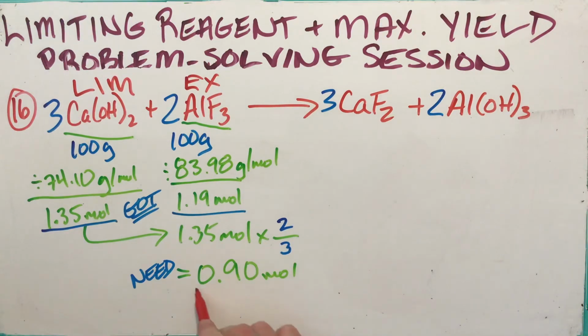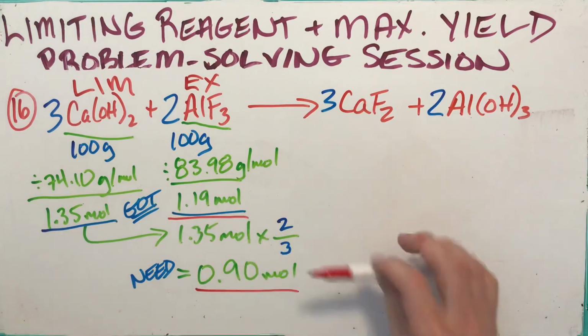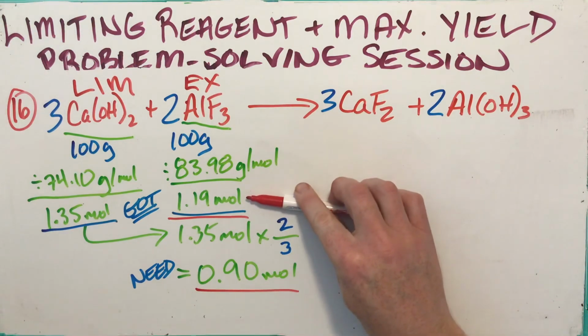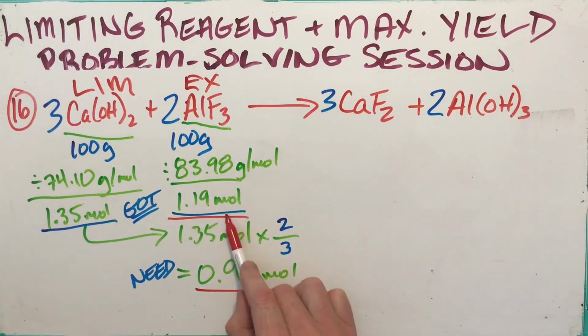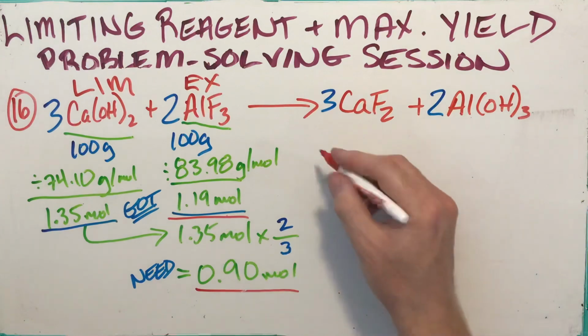Well, this is great, because we look at these two values. I have how much I started with, and I have how much got burned off, because I know we use up all of this, so when that is all used up, I'll need this much of the aluminum fluoride. So I have how much is burned up and how much I started with. So I'm going to subtract these two numbers.